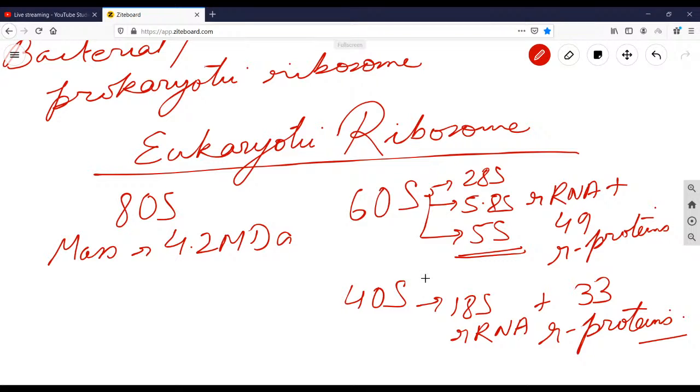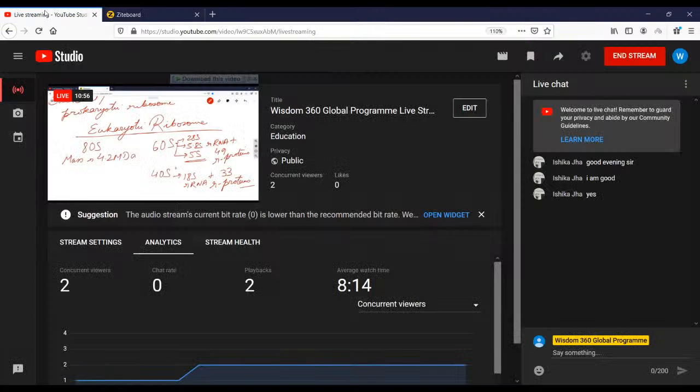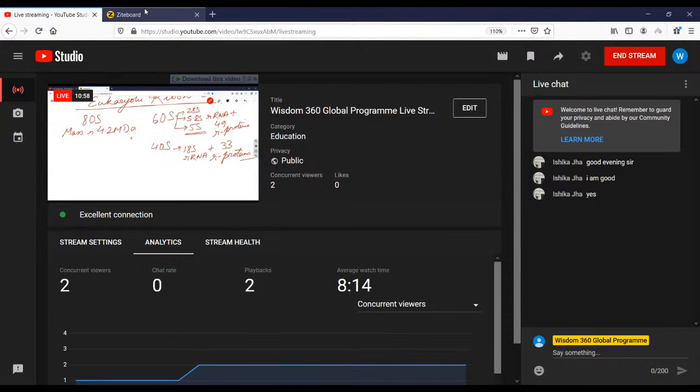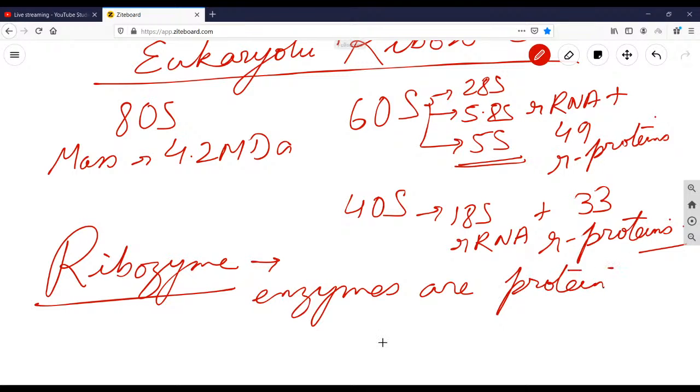Okay. Now, there is a term known as ribozyme. Why I brought it up like this is, you might have heard that all enzymes are proteinaceous in nature, but all proteins are not enzymes. This is an old saying. Enzymes are protein in nature, that is all correct.